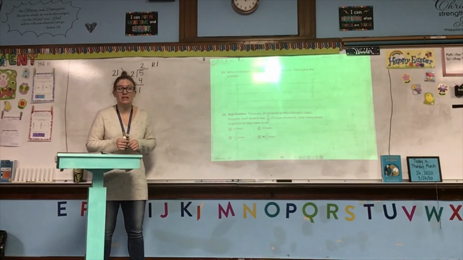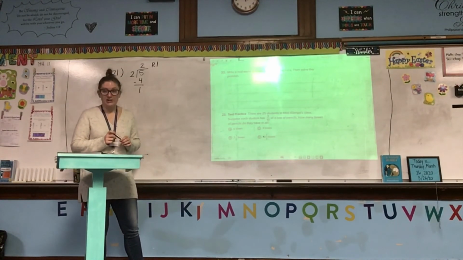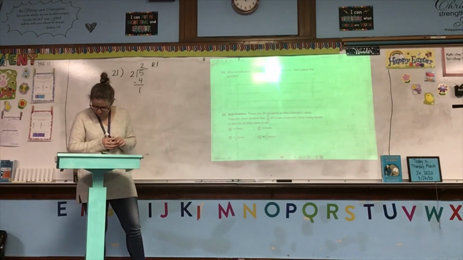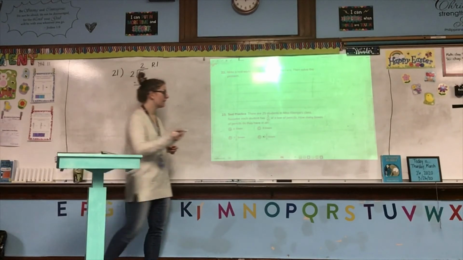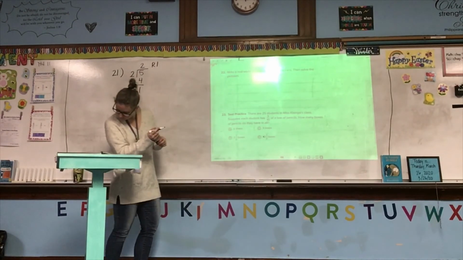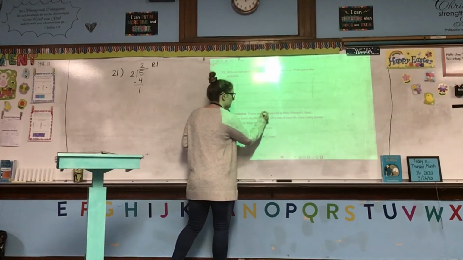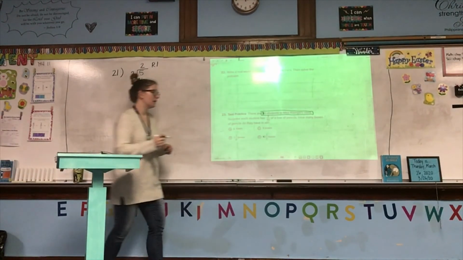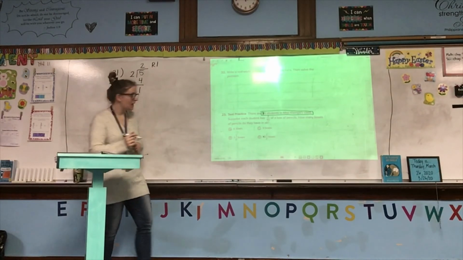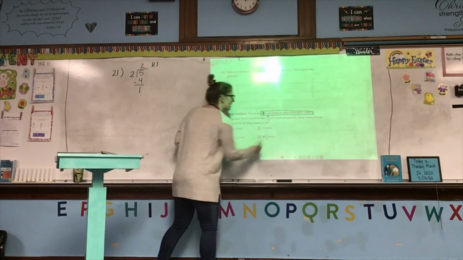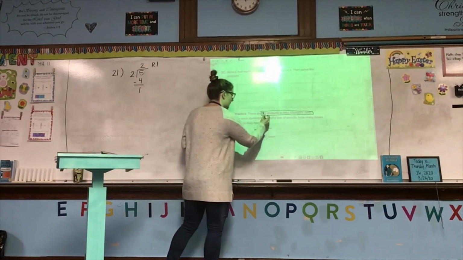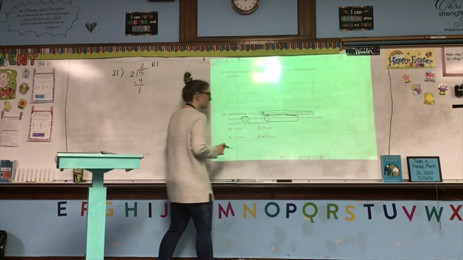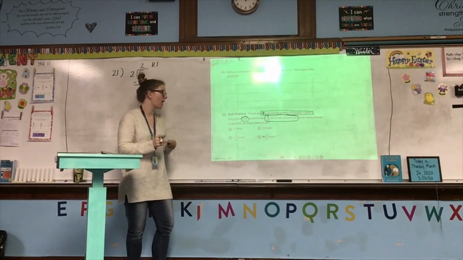Okay, number 23. Read in your head while I read out loud. There are 35 students in Miss Klempa's class. Suppose each student has 1/10 of a box of pencils. We also see that word each, which means we're putting groups together.